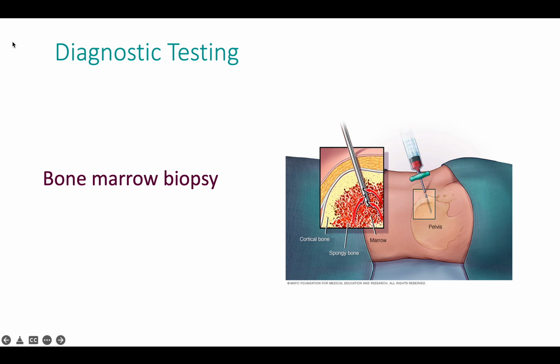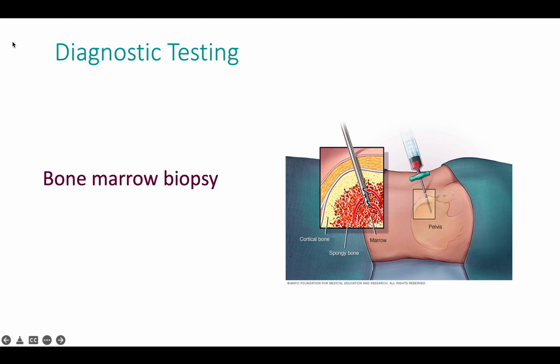In some cases, the bone marrow biopsy looks at the cell cycle from the beginning to the end. So if I have a lot of irregularities, or I am concerned that I might have some type of issue on a cellular level, I can do a bone marrow biopsy to diagnose an issue.